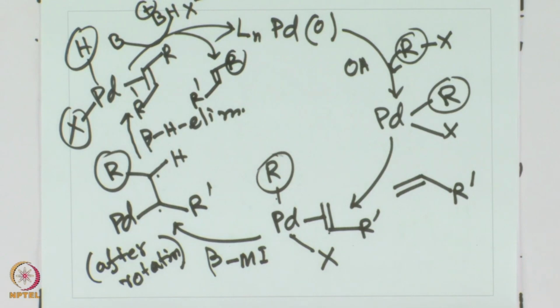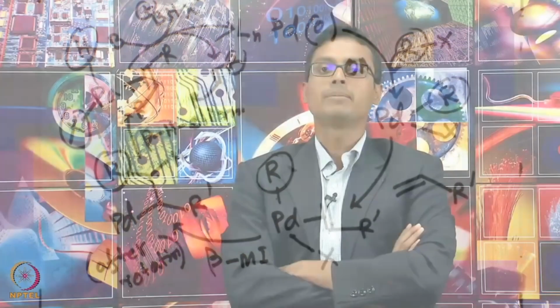So, it is a simple catalytic cycle that you have seen, where palladium 0 oxidatively adds to the aryl halide or alkynyl halide. Subsequently we see the olefin interacting with the palladium intermediate, and the R group coming from the aryl halide or alkynyl halide inserts into the olefin at the beta position with respect to the palladium center where it is attached to the substrate.